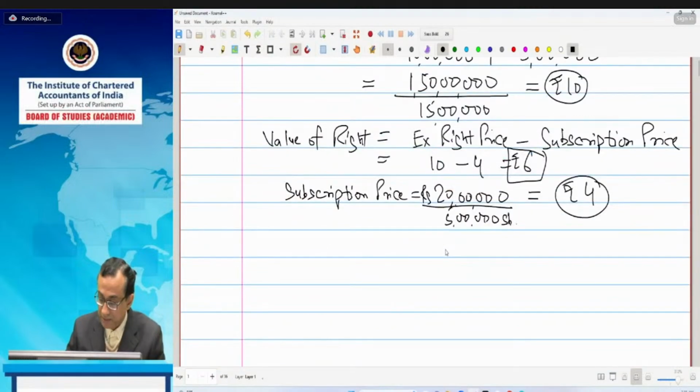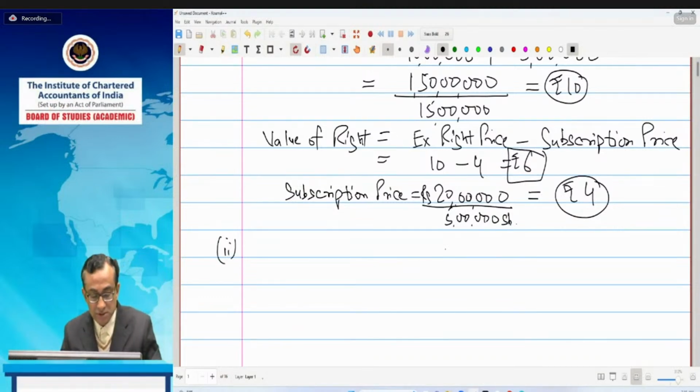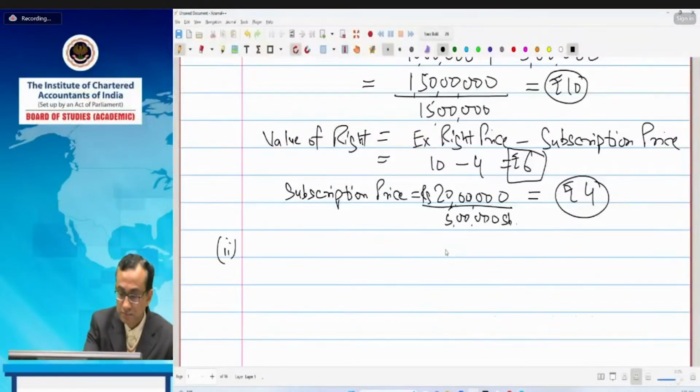Now come to the second part. In the second part, what is it saying in the question? The firm offers one right share for every 4 shares held. So this is one right share for 4 shares.